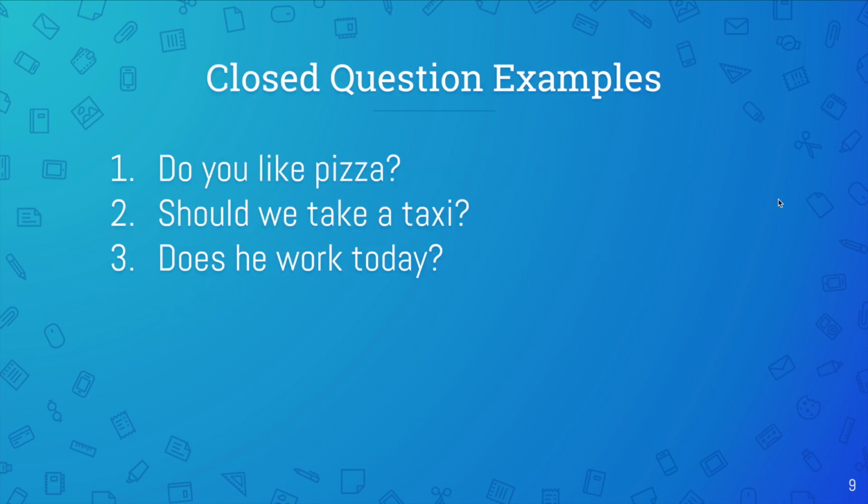Here are 3 closed question examples. Notice how all 3 examples start with a helping verb, then the subject, then the main verb. Also, we can change these to open questions by adding a question word at the beginning.